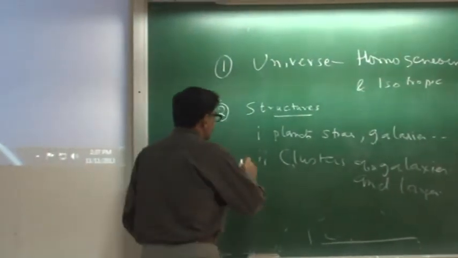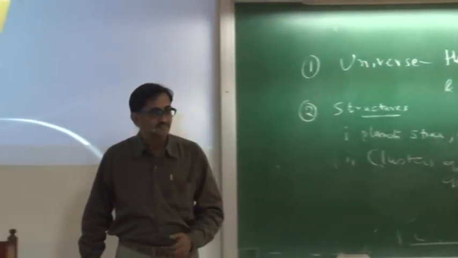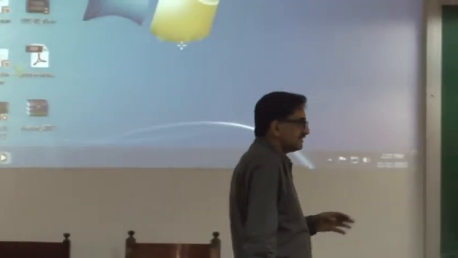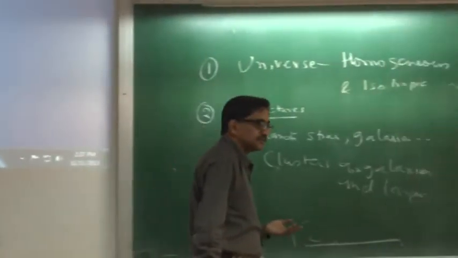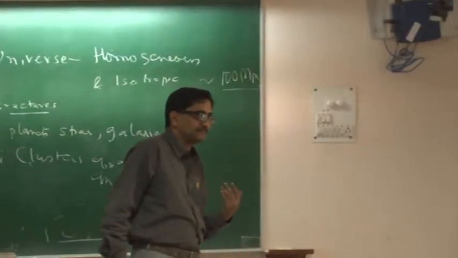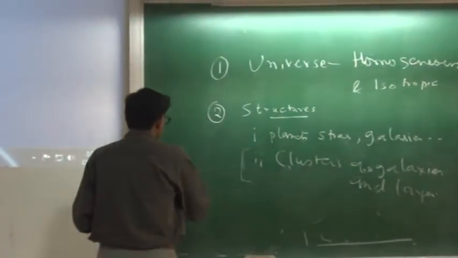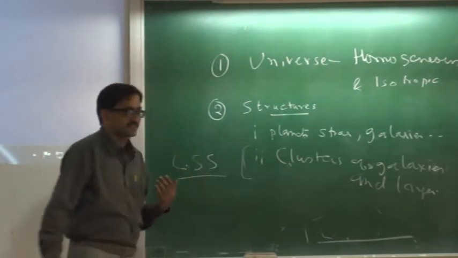Whereas when you talk about clusters of galaxies and larger, the physics of their formation is primarily through gravity, with other forces like fluid dynamics playing a very minor role. And so these are categorized under large scale structures.